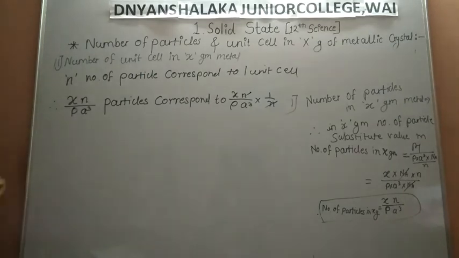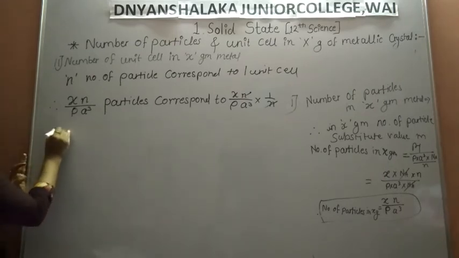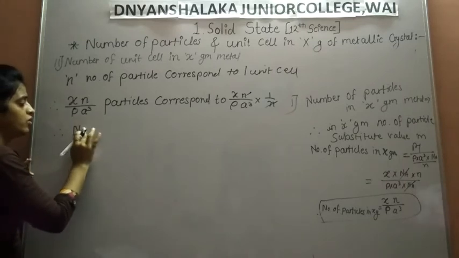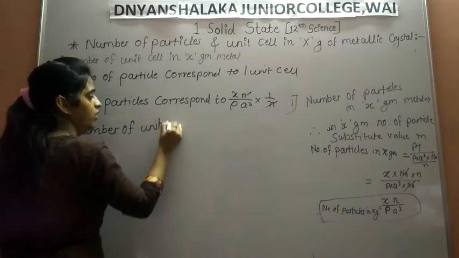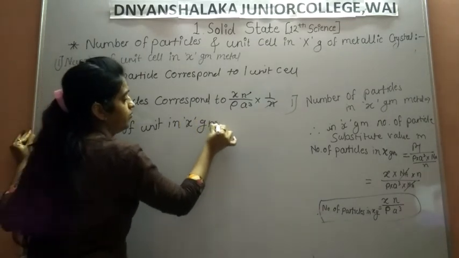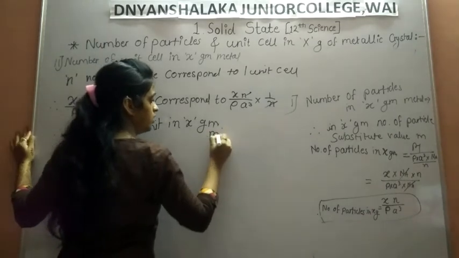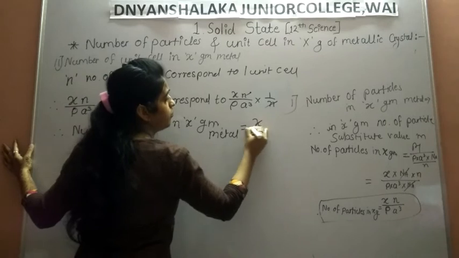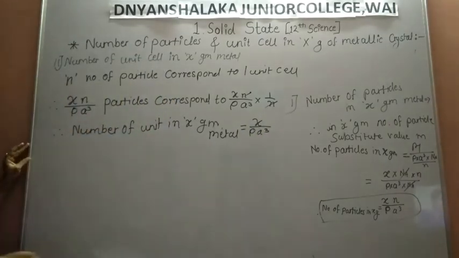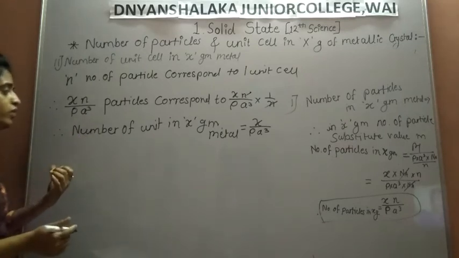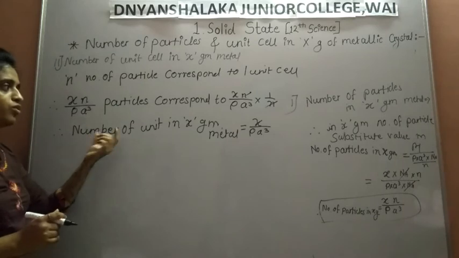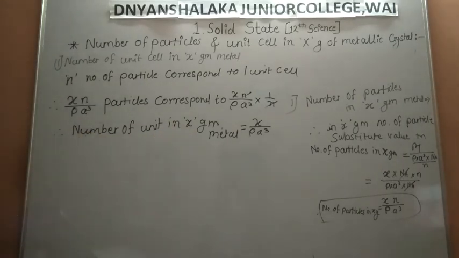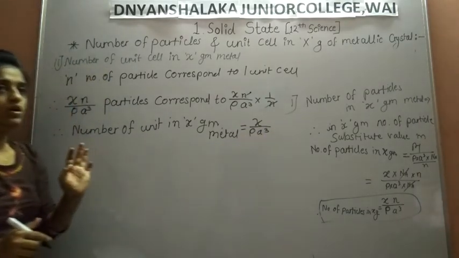So this n cancels out. So the number of unit cell in x gram metal, we get the formula x upon rho into A cube. So using this formula, we simply calculate the number of unit cell in x gram of particle.